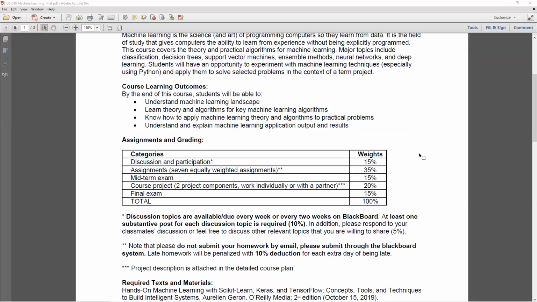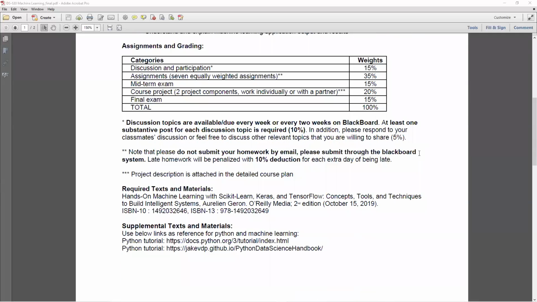In terms of the assignments and grading, here is the breakdown and distribution of the different components. If you take a look, the first thing you need to remember is that you should be doing some sort of discussion and participation in the Blackboard system every week or every 2 weeks. It really depends. So far, for example, for the first 2 weeks, you would have two separate discussion topics.